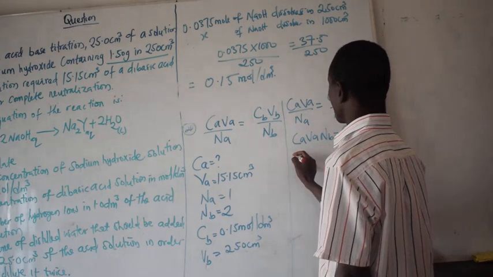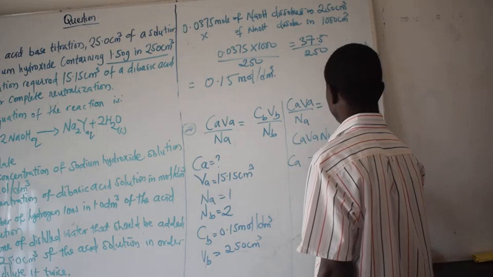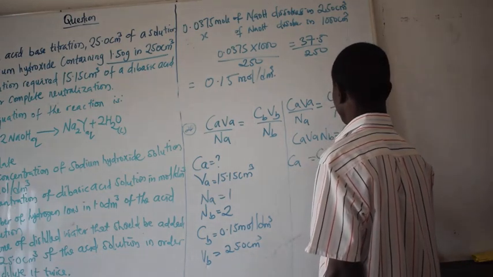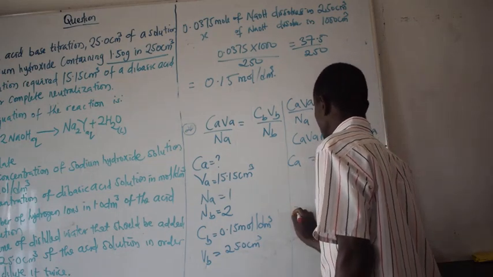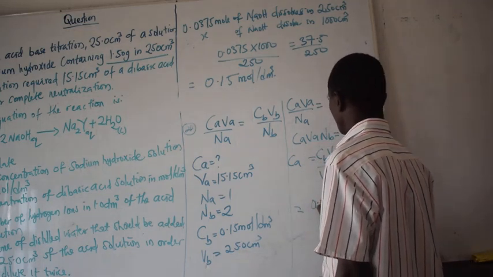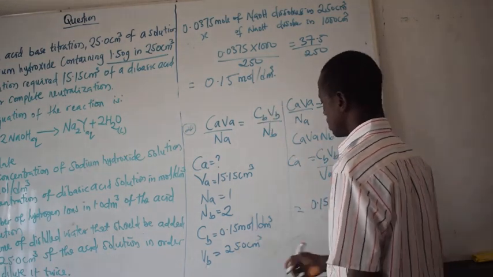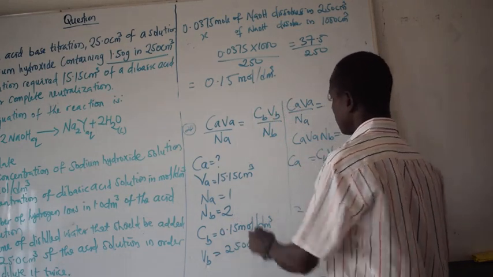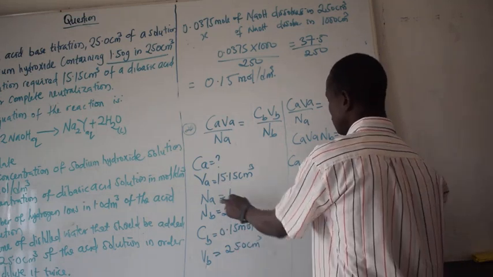So our Ca will now be divided by what? Our Ca is equal to CbVb Na all over Va Nb. So let us substitute. Our Cb is 0.15 times our Vb, which is given as 25, our Na, which is 1, all over our Va, which is 15.15, our Nb, which is equal to 2.